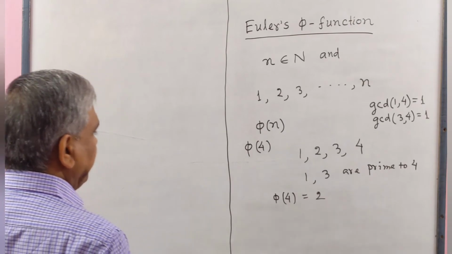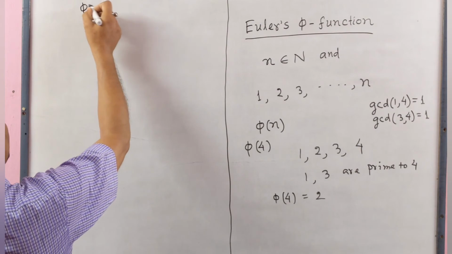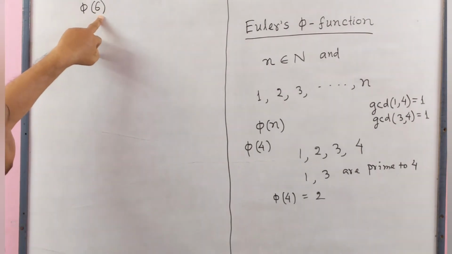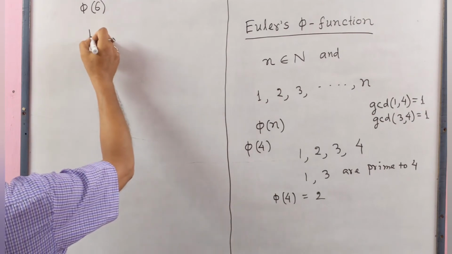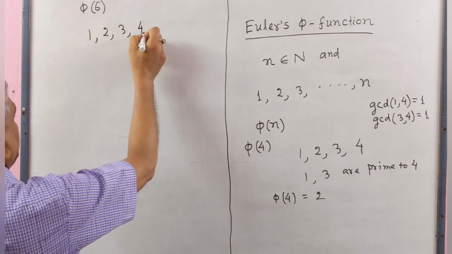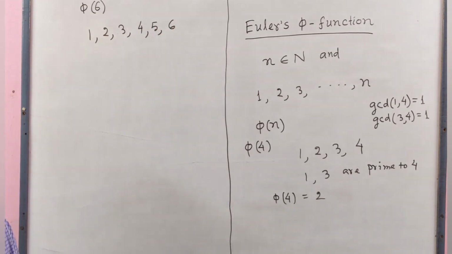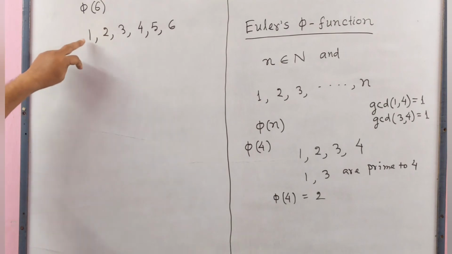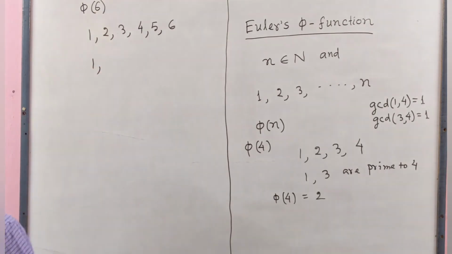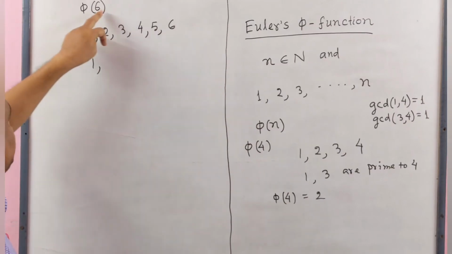Similarly, we may find phi 6. Positive integers not exceeding 6 are 1, 2, 3, 4, 5, 6, in which 1 is prime to 6. Here 5 is prime to 6.